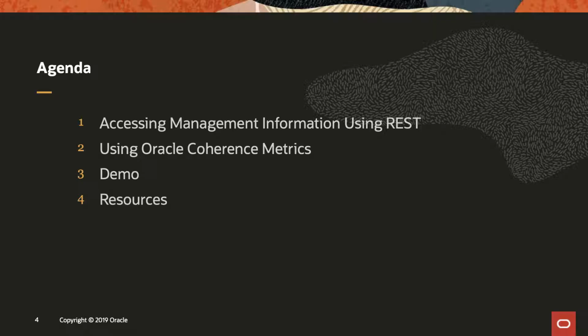First, I'll introduce the management over REST feature, and then I'll talk about some points about the HTTP Coherence metrics, and then I'll provide a demo and a link to some resources for further information.